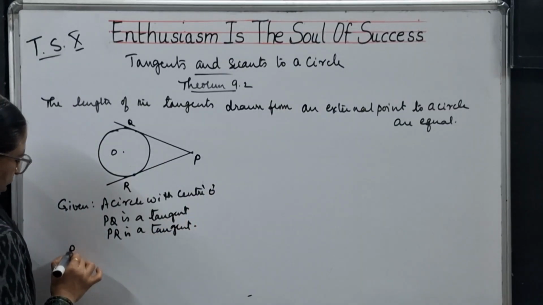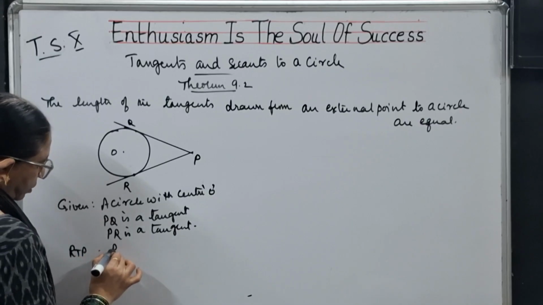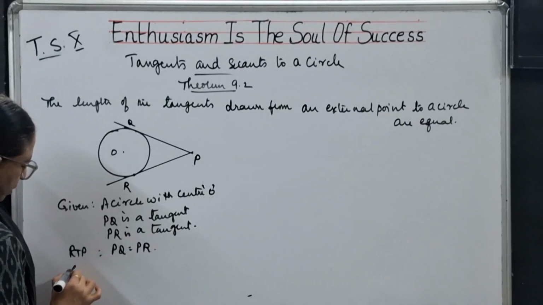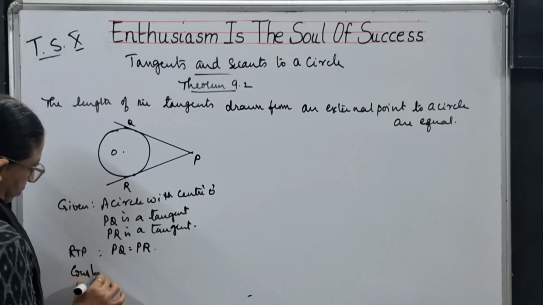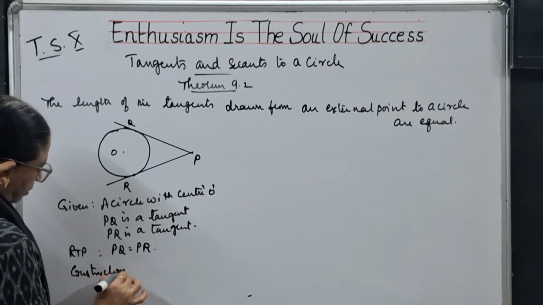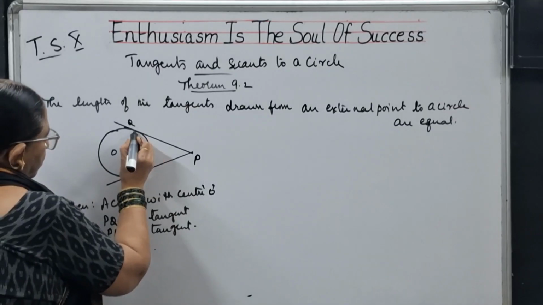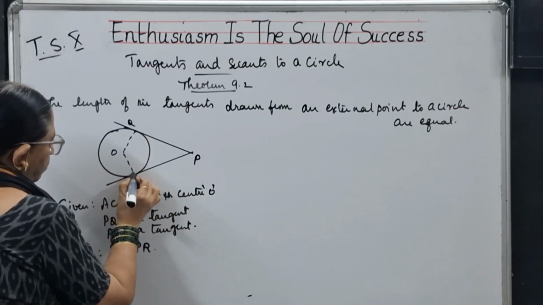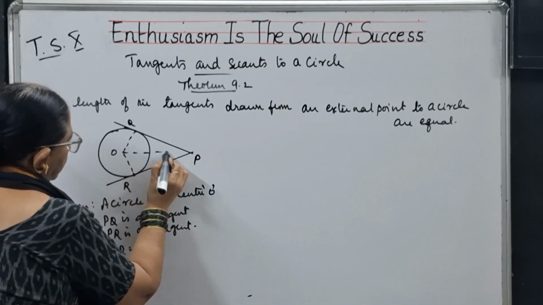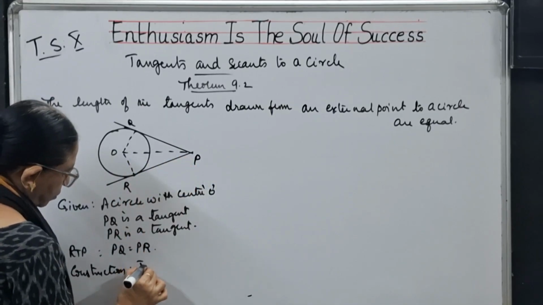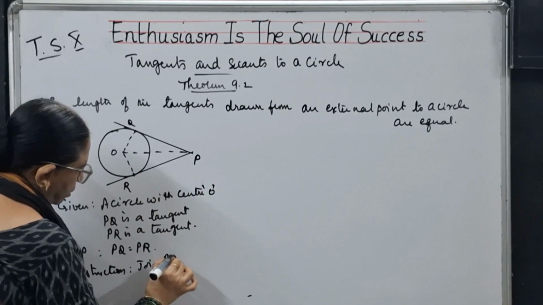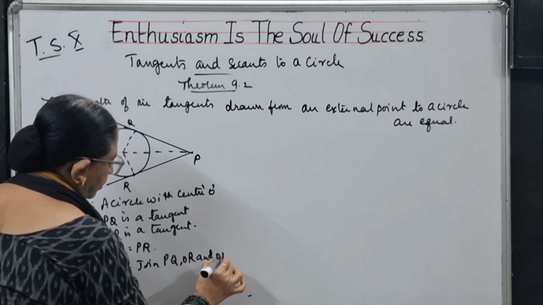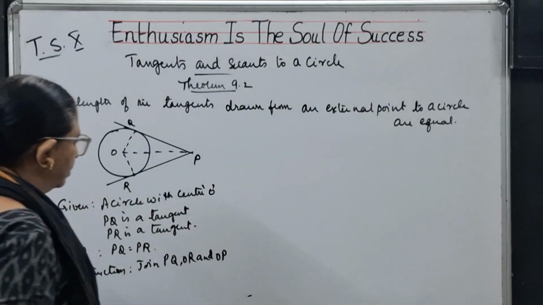Now, what is RTP? You need to prove that PQ is equal to PR. Here you have a construction. What is the construction? You have to join OQ, OR and OP.